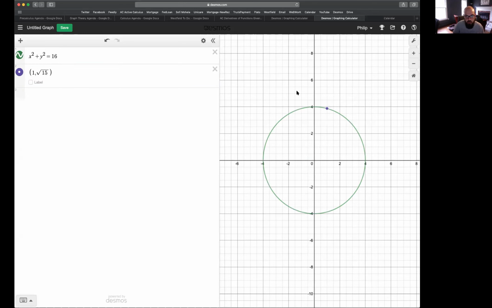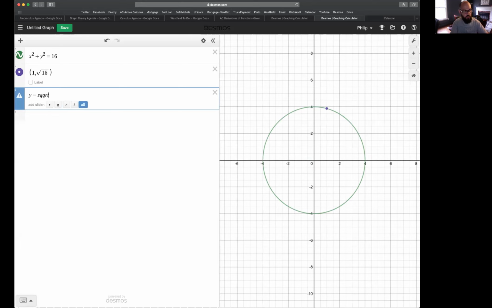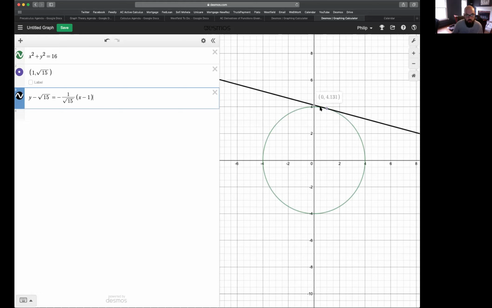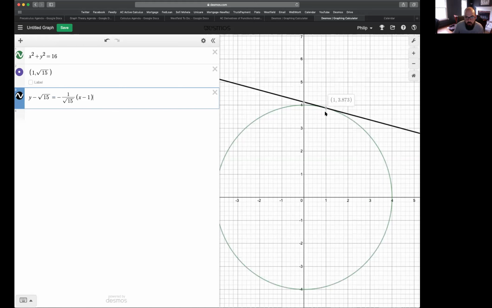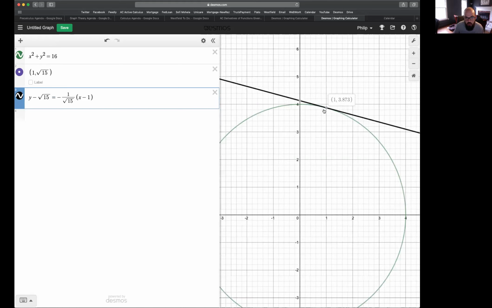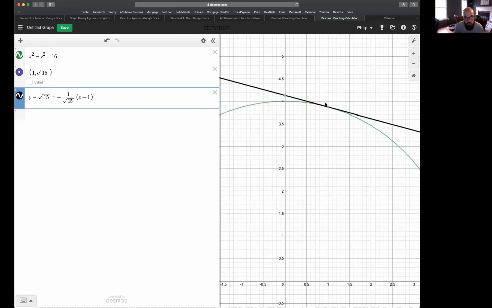You can see it lies on the circle, and then if I type out our equation that we just figured out, y minus square root of 15 equals negative 1 over the square root of 15 times x minus 1, right? What we should verify is that, hey, look, this point is actually on our circle, and this is our tangent line here.